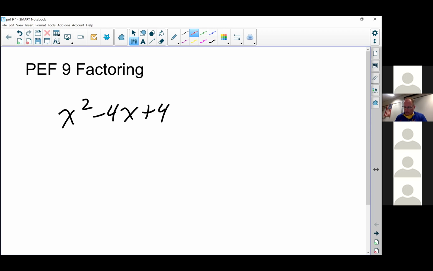So right now I have 3 terms. Does everyone agree there's 3 terms? Does that make sense? So in front of my x, theoretically, I have the number 1. Agree? And what I'm going to do is multiply the very last term times the first term. So 4 times 1 gives me 4. Then I'm going to take a look at my signs.